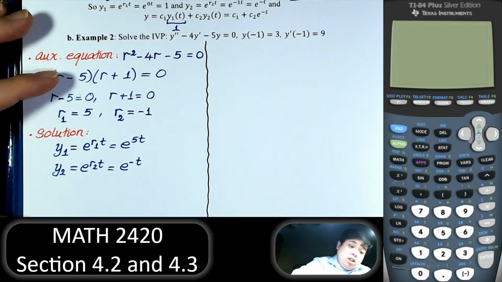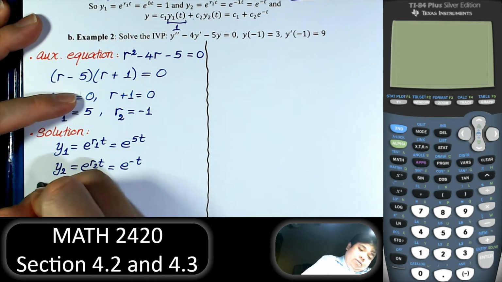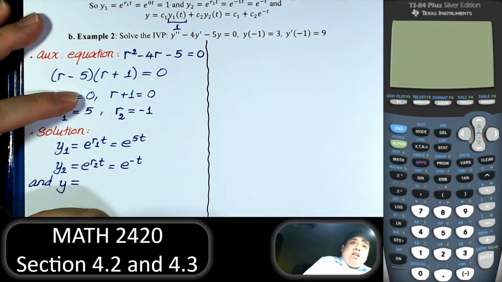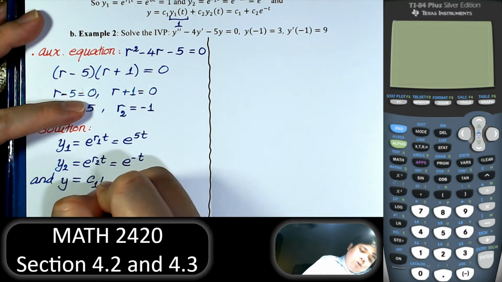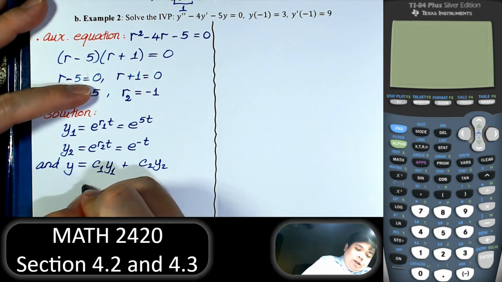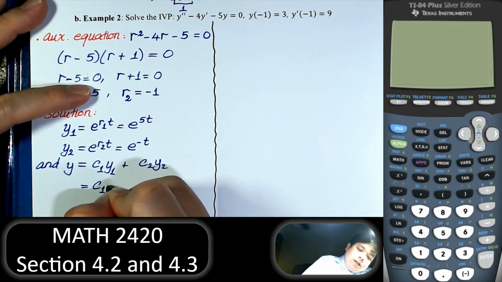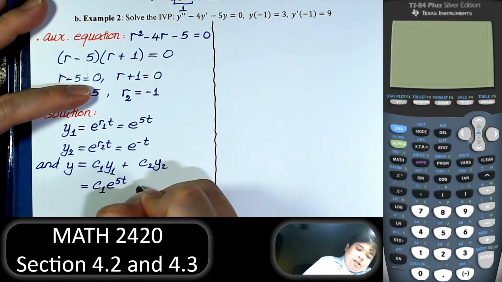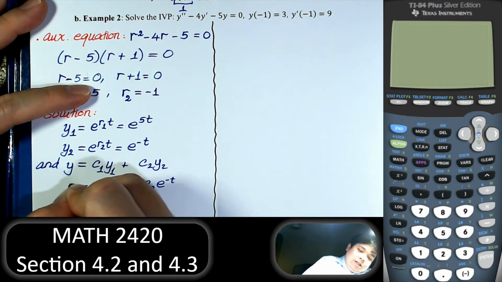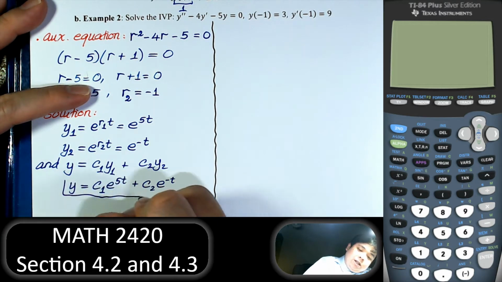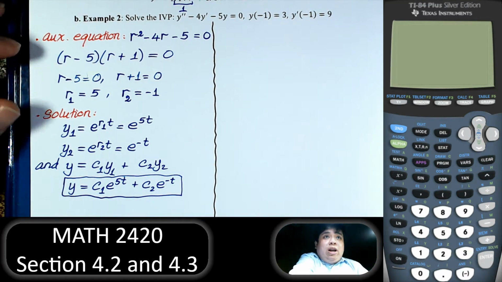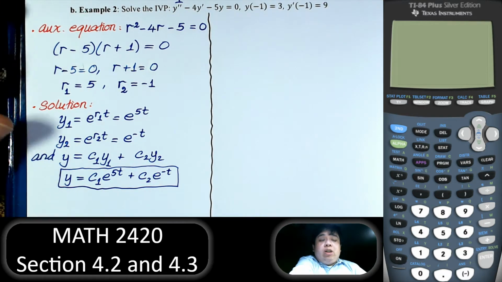In this case we don't need to, but we write the solution as a linear combination of these two, c1 y1 plus c2 y2. So c1 e to the 5t, c2 e to -t. Right. So this is what we call a general solution, or later on we call that a complementary solution.